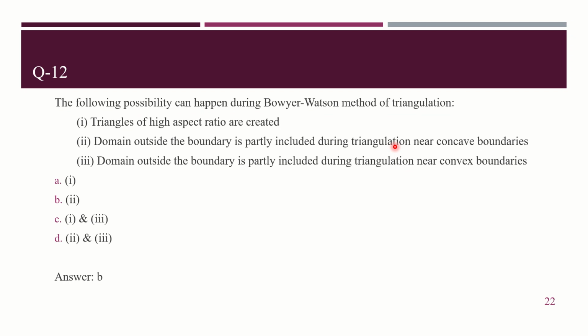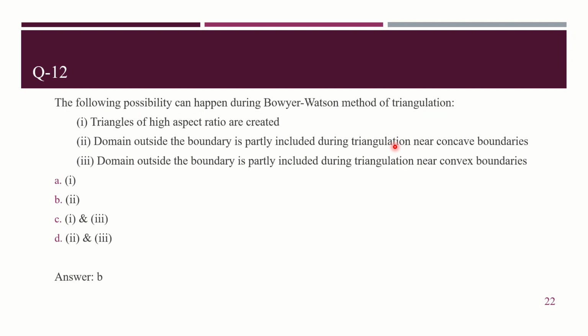So here in Bowyer-Watson method, what we do is we insert the nodes randomly. So we are saying that there are chances for the domain outside the triangulation. Domain outside the boundary is partly included when we are dealing with the concave boundaries.